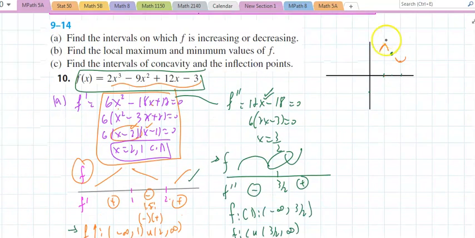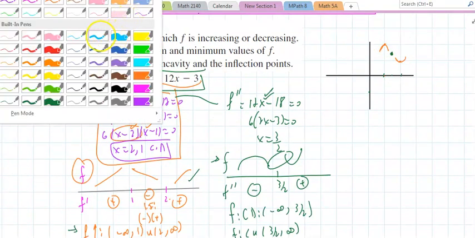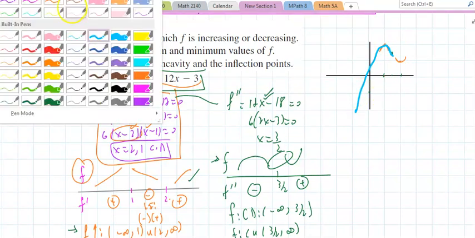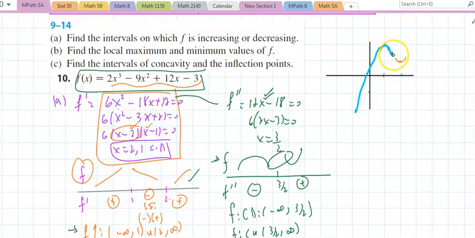Now concaving down, if you really want to kind of get concaving down, remember it's like a parabola, something like just sketching a rough graph. I could do a better job than that. We just want to tackle this idea for now, and that's concaving up. And the graph looks something like this. Alright?